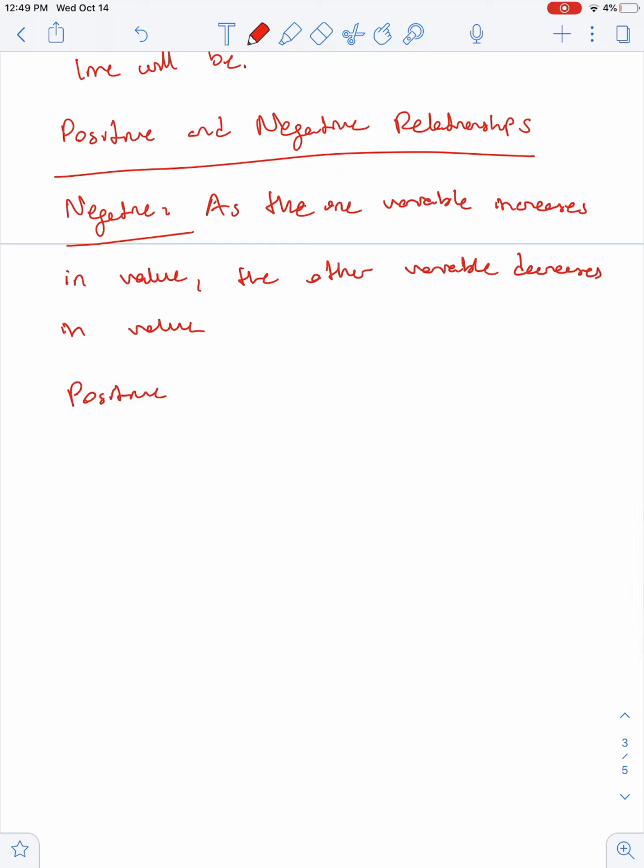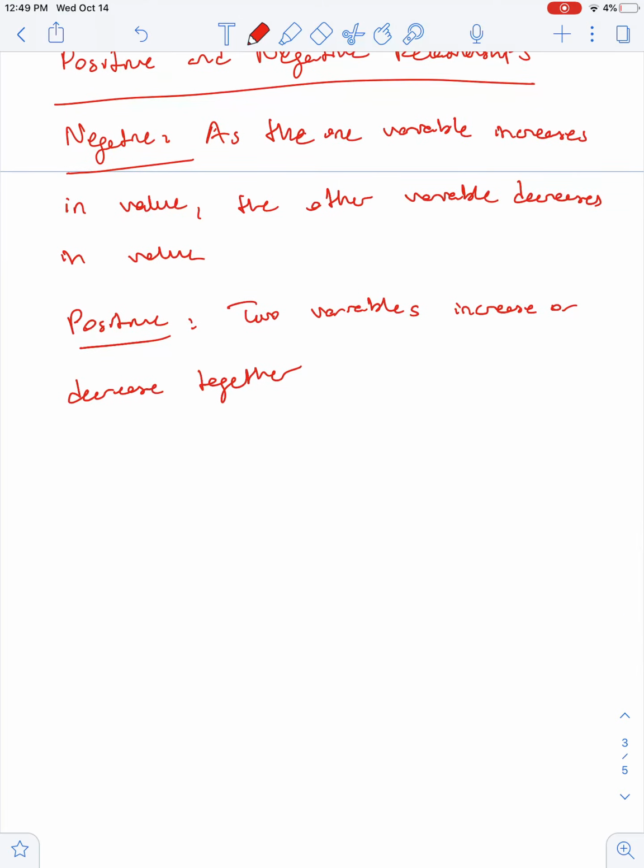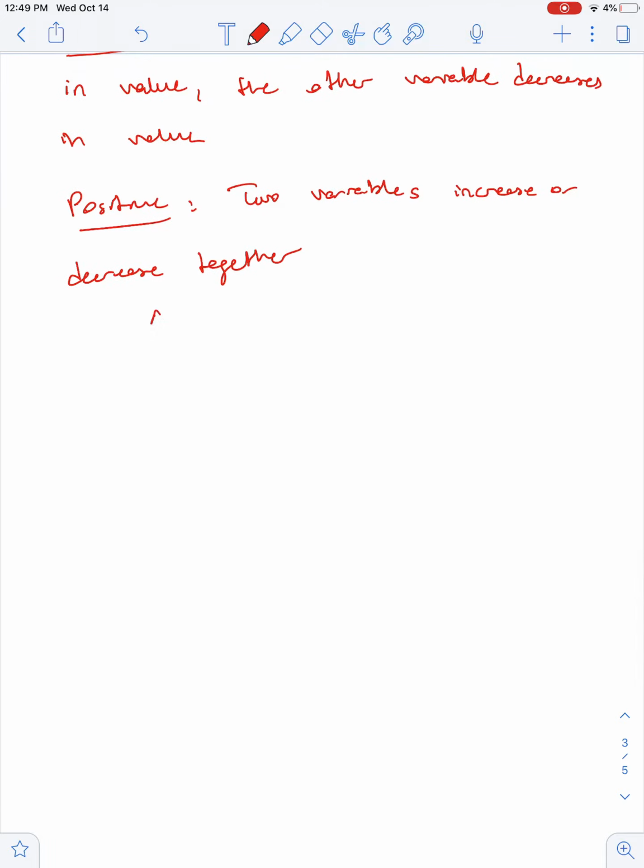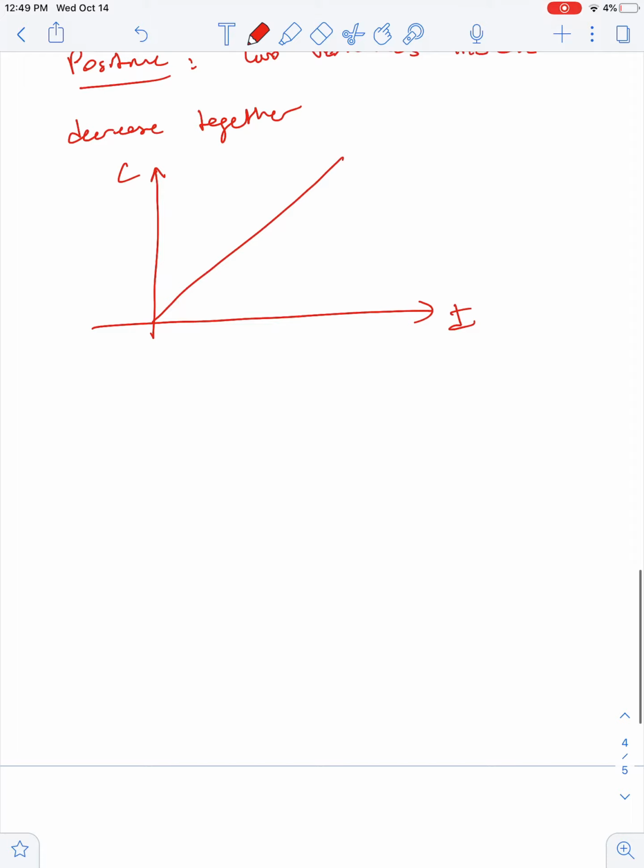If there's a positive relationship between two variables, they increase or decrease together. When total income received by households increases, the level of consumption increases, or the income you have increases, the consumption you make increases. So this is about the relationships.